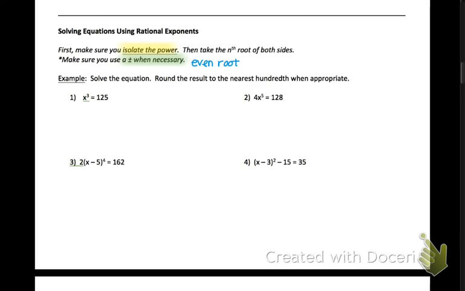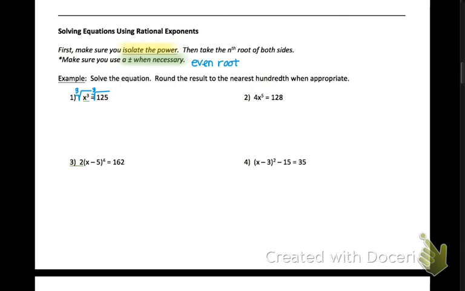So if we look at example 1 here, x cubed equals 125. Well, x cubed, if we want to undo that, we'd have to use a cube root. It's already by itself. That's a 1x cubed. There's no plus, minus, times, nothing. So what we would do to both sides is we would take the cube root.